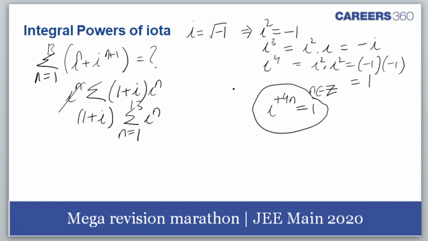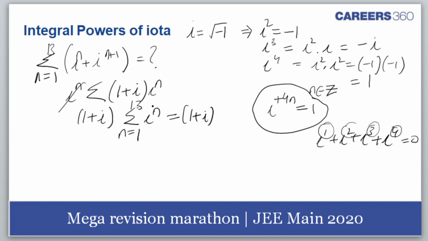Madhu, you are giving me minus 1 as answer, Kanagavel 0, Deepshikha minus 1. So 1 plus iota is a constant, I can take outside the sigma. This would be 1 plus iota. And please understand, 4 consecutive powers of iota add up to 0. I mean iota raised to power 1, iota square, iota cube, and iota 4 add up to 0. Four consecutive powers, if added, give you 0.